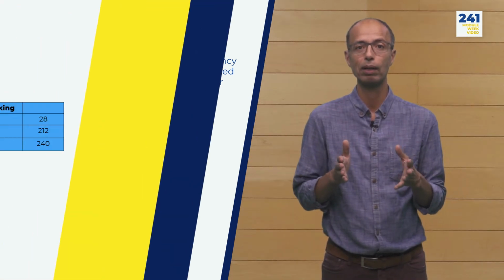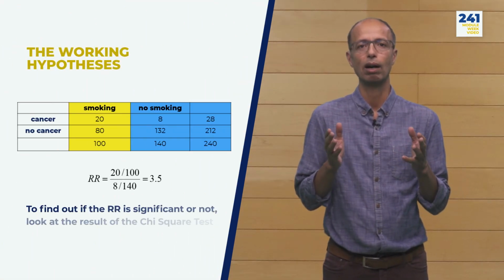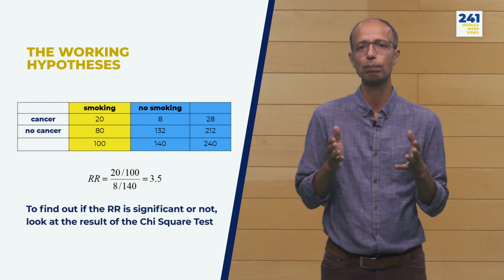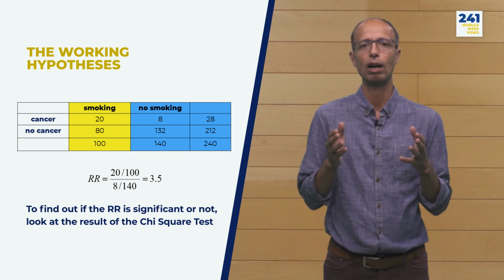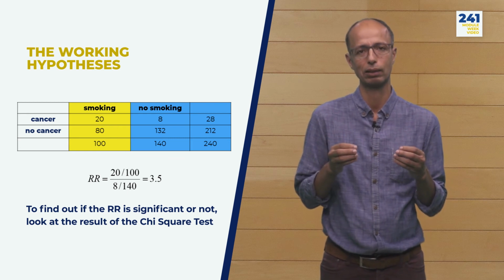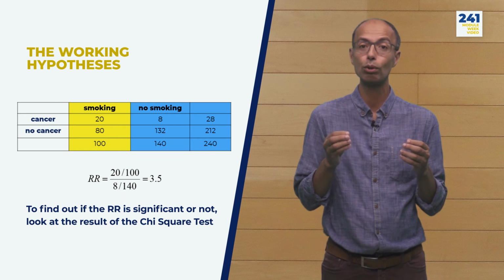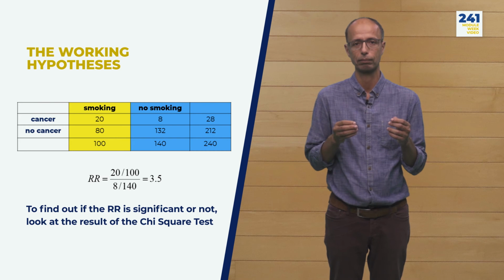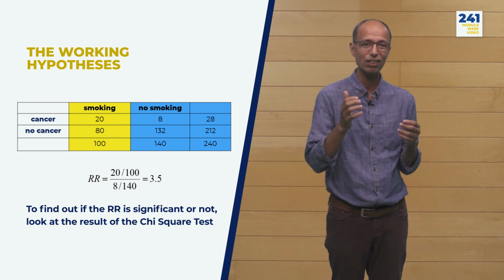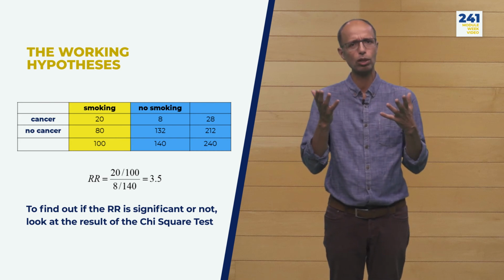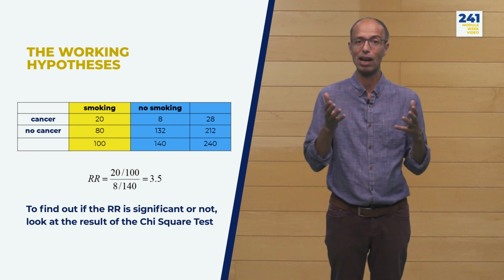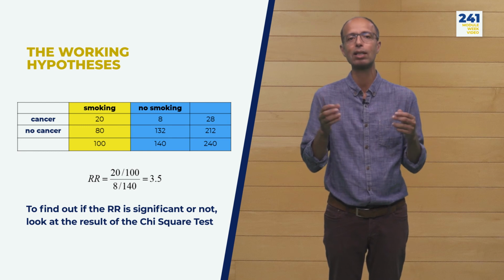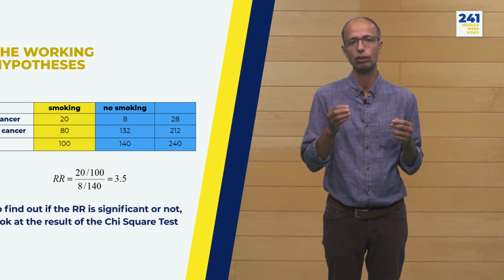In our example, 20% of those who have been exposed have the disease, compared to 5.7% of those who have not been exposed to the risk factor. The ratio of these two values gives a relative risk of 3.5. It shows us that the strength of the association between the exposition and the disease is such that those who have been exposed have 3.5 times more risk in relation to those who have not.